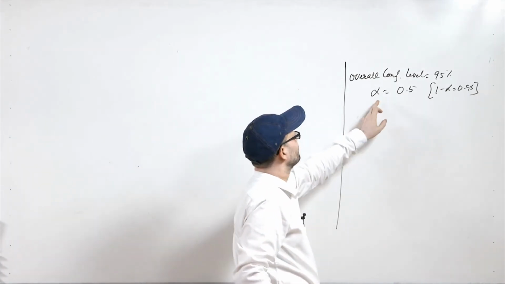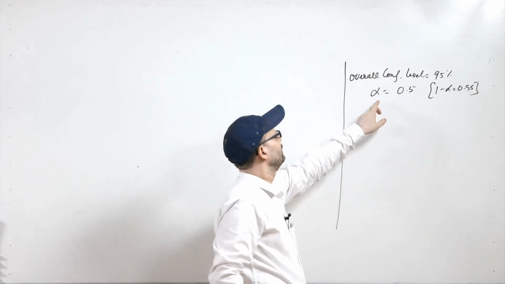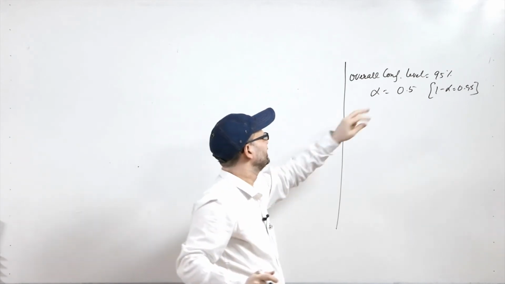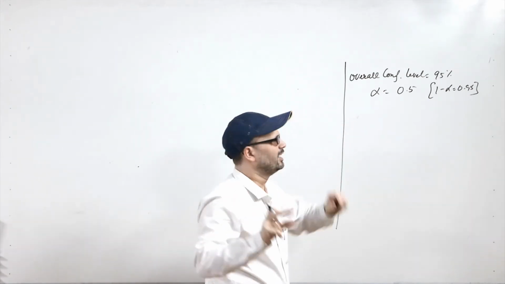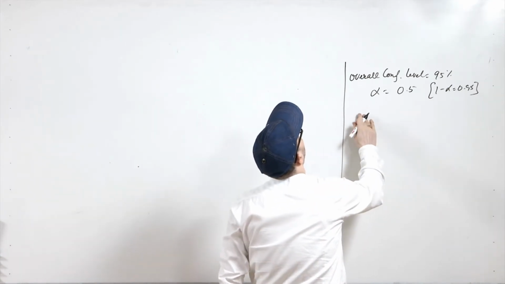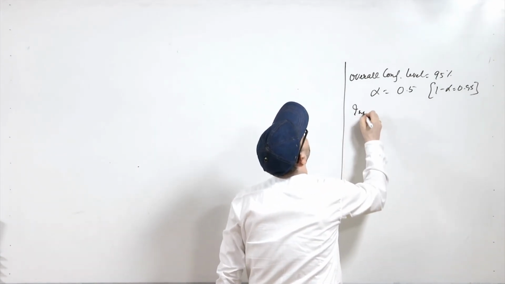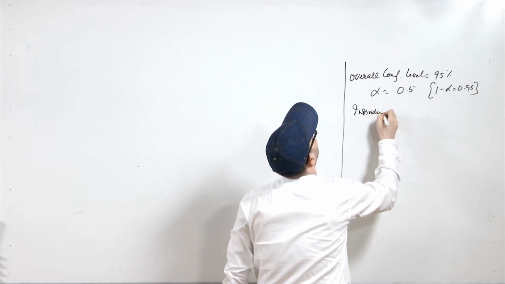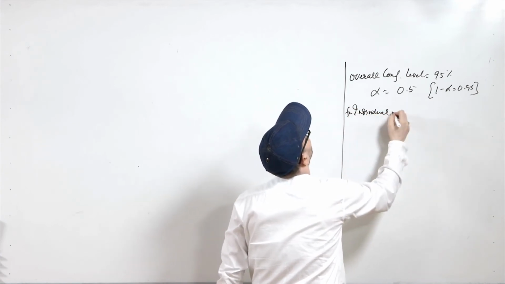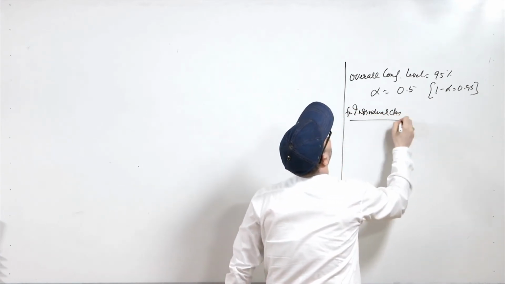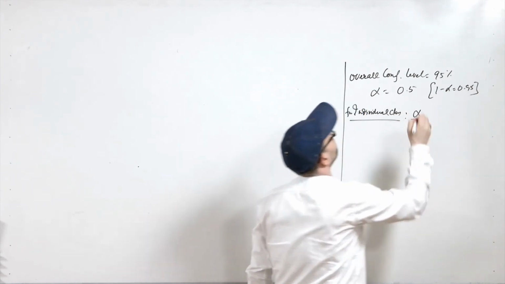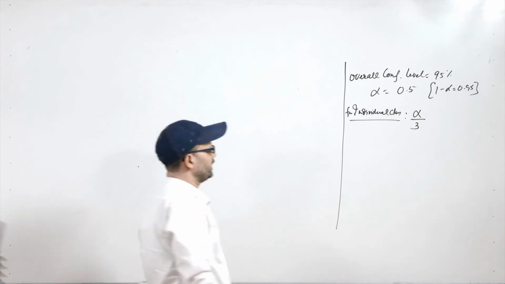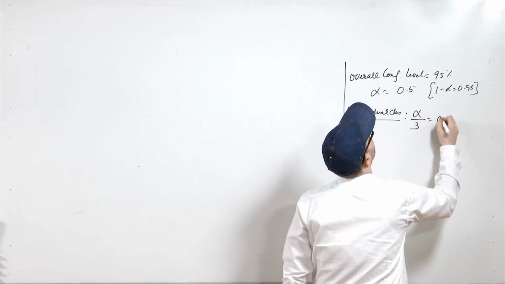So, C, the class interval, will be k minus 1; you have k as 4, so it will be 3. Now, in this case for the individual class, alpha is to be maintained as alpha by 3. So, alpha by 3 will be 0.0167.